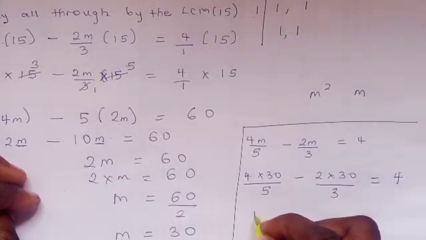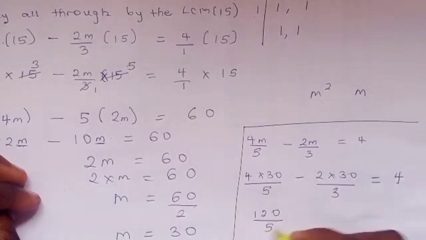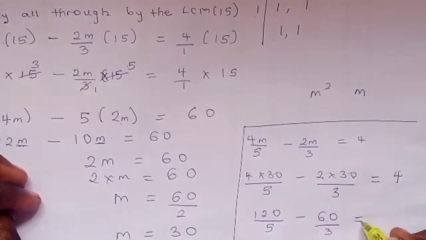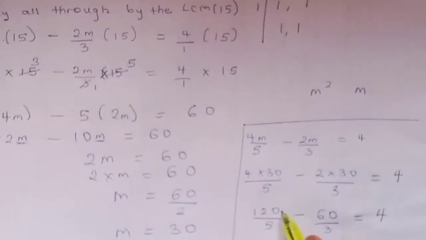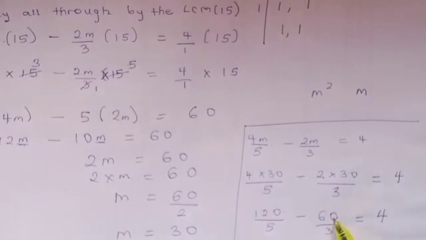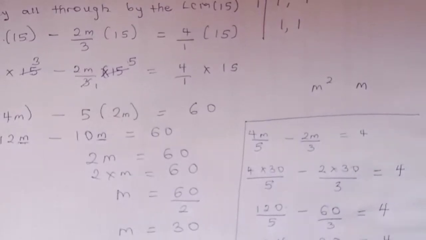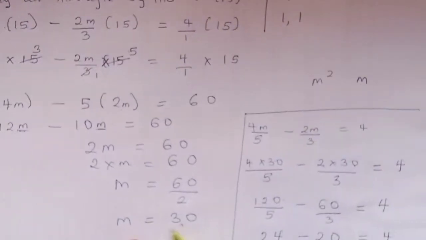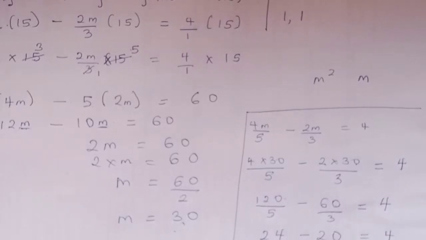Now 4 times 30 is 120 over 5 minus 2 times 30 is 60 over 3 equals 4. So now 5 in 120 will give us 24, minus 3 in 60 is 20, equals 4. 24 minus 20 is 4, which is also equal to 4. So this is the correct value for m. So we are correct. Now let's move on to one more question.